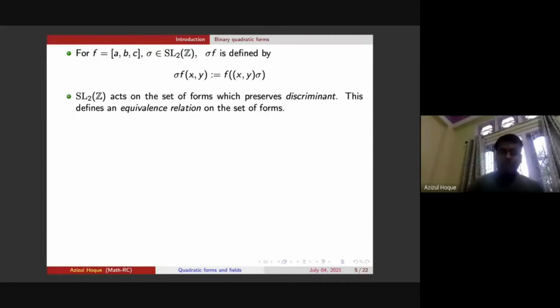Thus we can talk about the classes of binary quadratic forms, and basically the collection of these classes gives us a natural group structure.